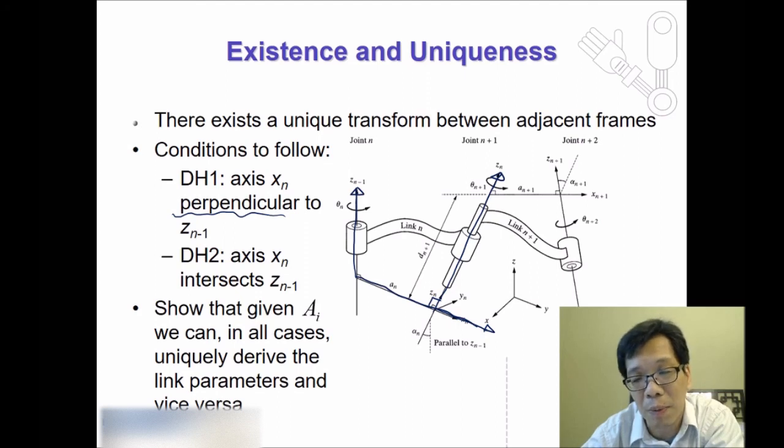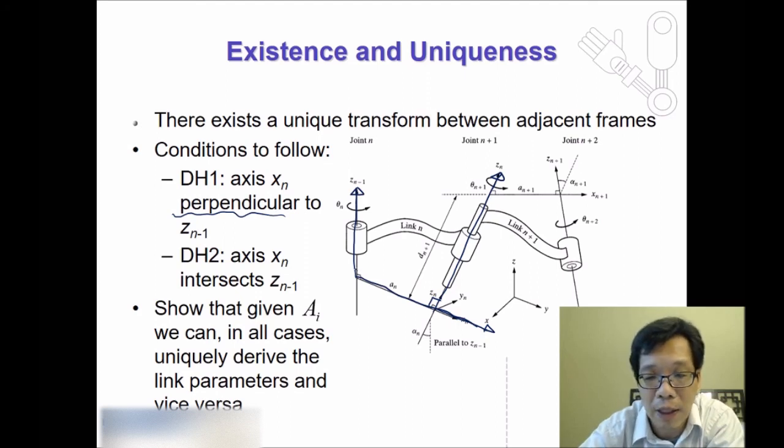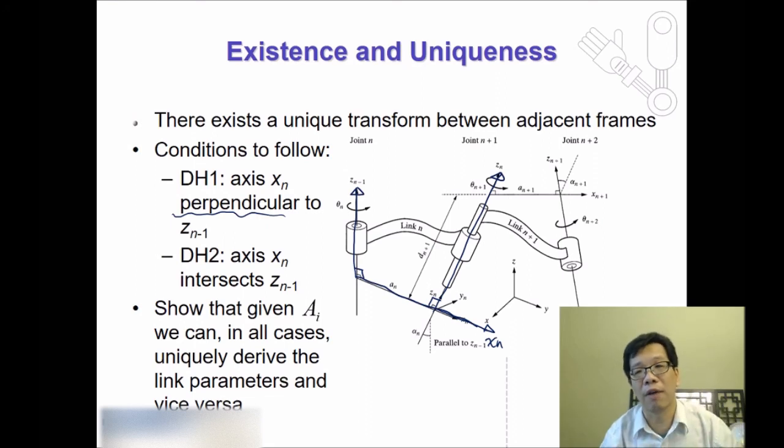Meanwhile, it must be perpendicular to the previous z-axis. Second one is if you define the x direction over here, it is going to intersect with the previous z-axis as well. Only when you can fulfill those two conditions, you're going to define your coordinate systems for individual joints or individual links in your system using DH convention method.